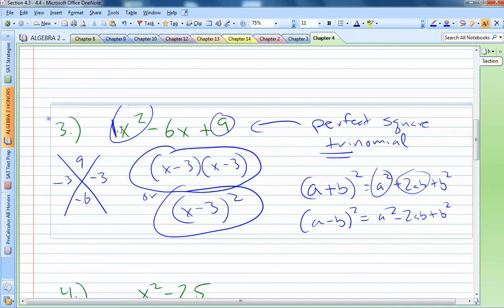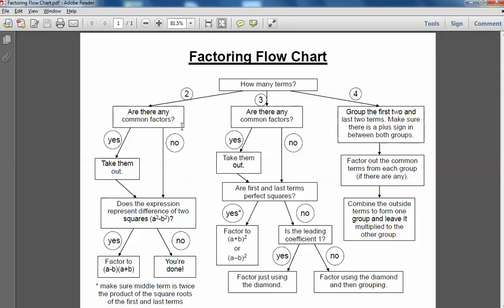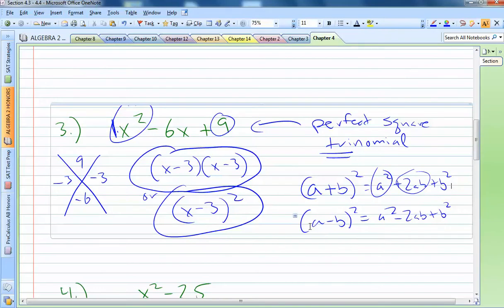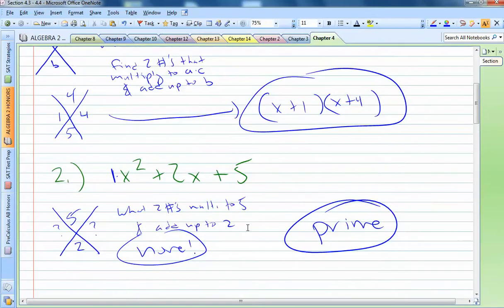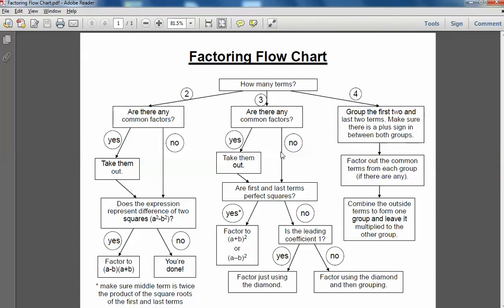Well, the square root of the first term was x. The square root of the last term was 3. And of course, the product of that is 3x. Double that, that's 6x. So yeah, that did work for us. So that's why I can factor it as a minus b squared, as you see right here. Looking back at some of the other ones, like for number 1, there were 3 terms, but no common factors.